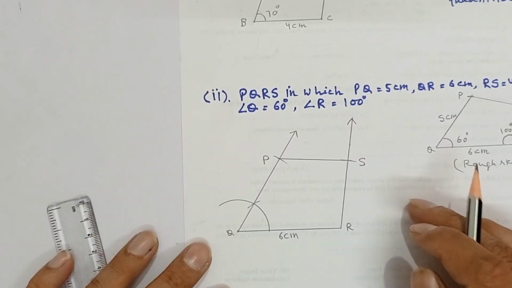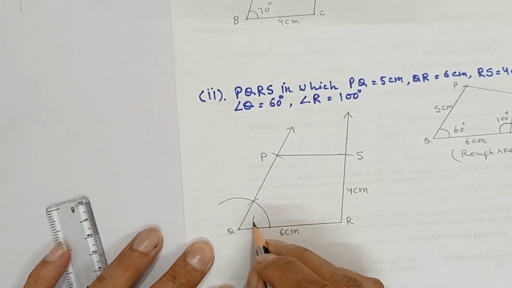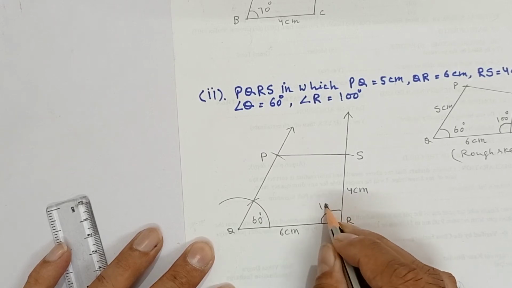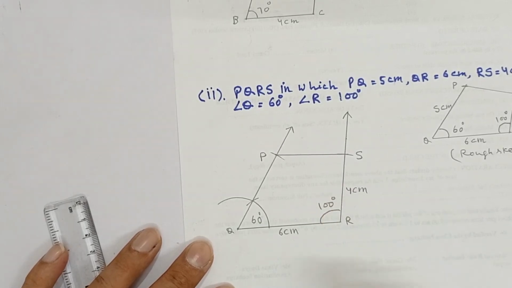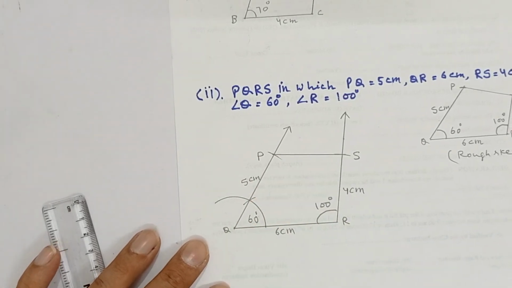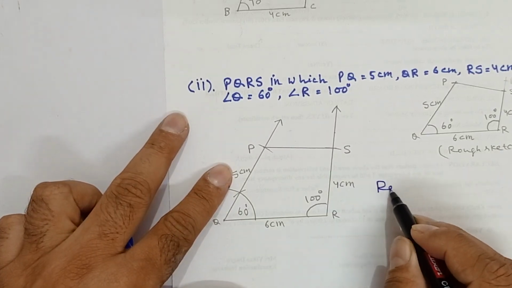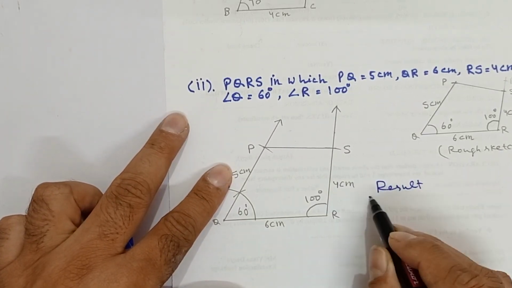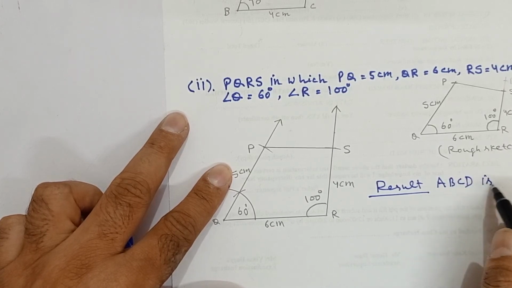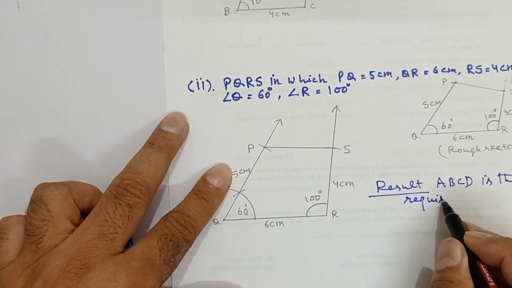This is joined. This is 4 centimeter. This is 60 degree. This is 100 degree. So everything is labeled. This is 5 centimeter. So construction is over. A result: PQRS is the required quadrilateral.